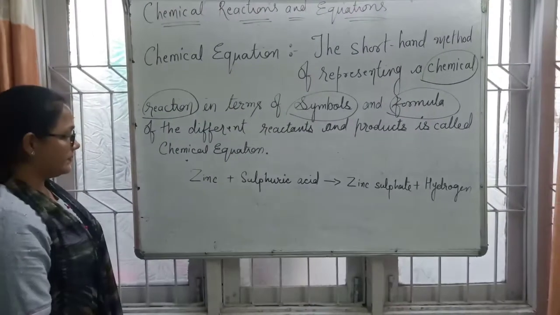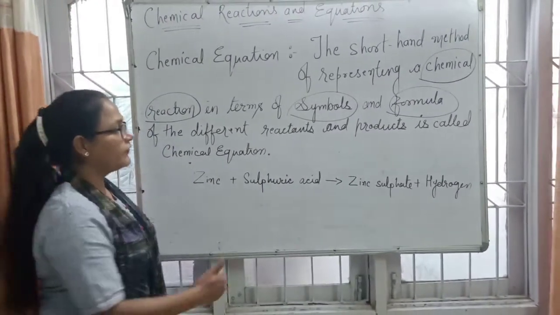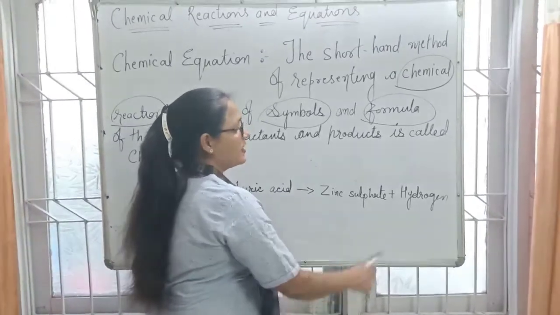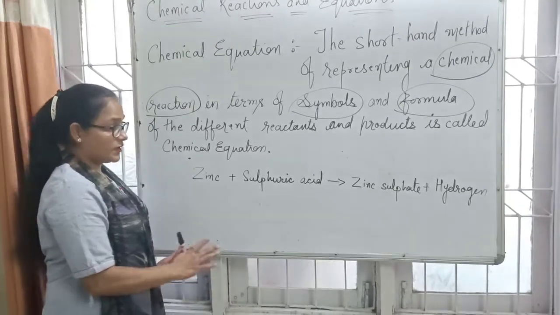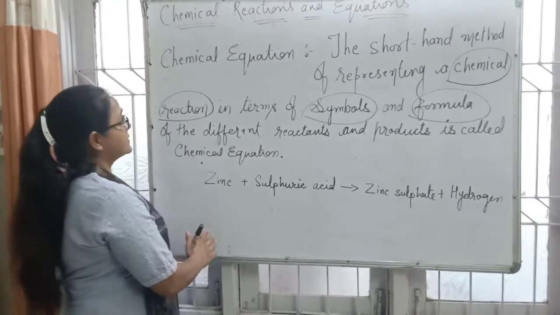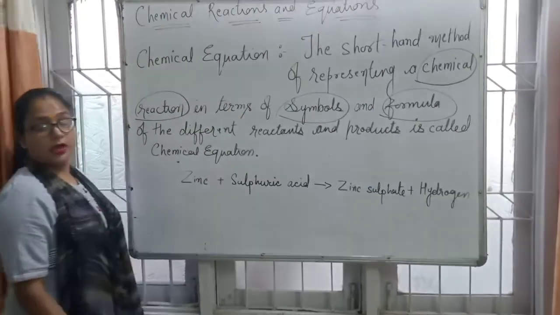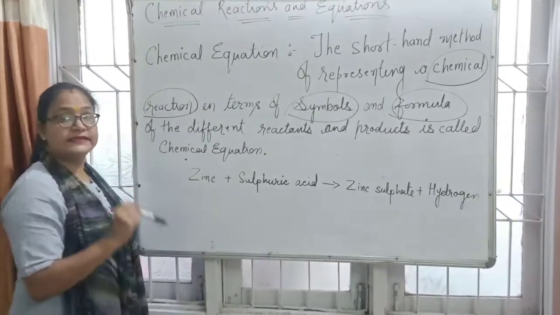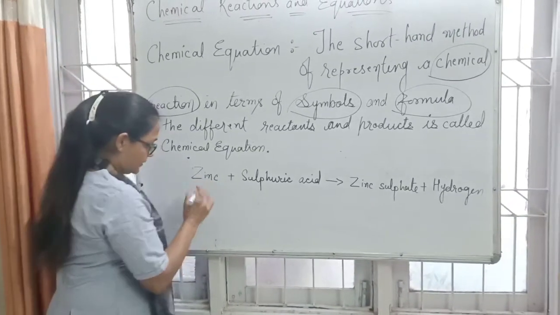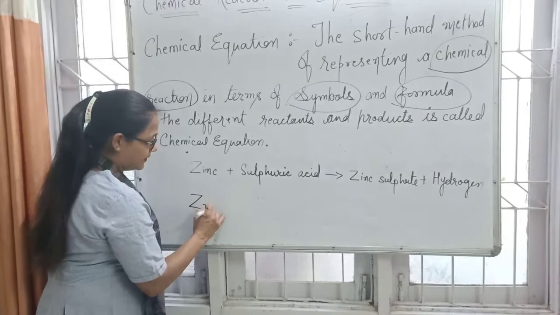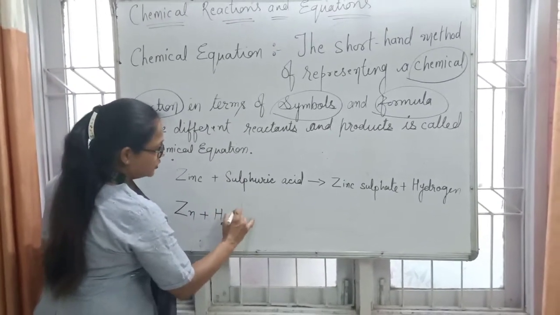For example, when zinc reacts with sulfuric acid, it forms zinc sulfate and hydrogen gas. When I want to write this word equation as a proper chemical equation, we should know the correct symbols and formulas. The symbol of zinc is Zn. Sulfuric acid is H2SO4.